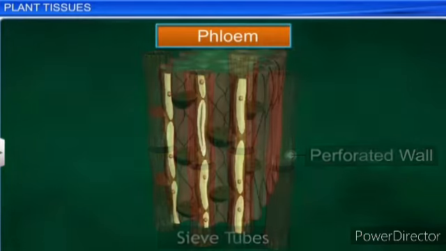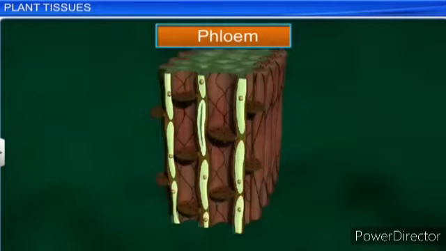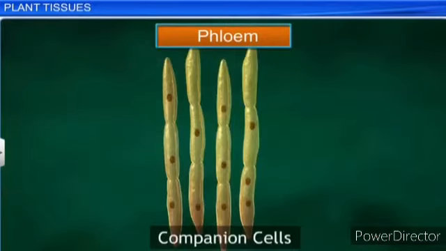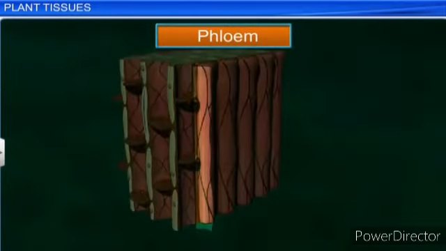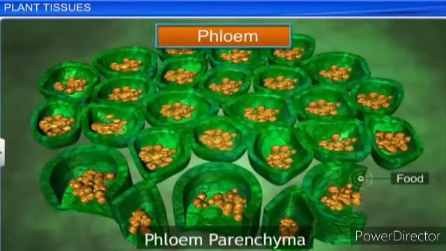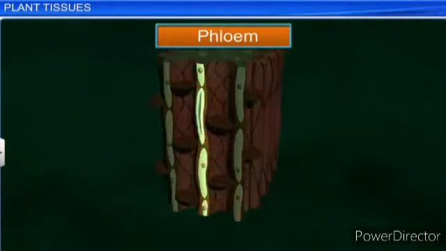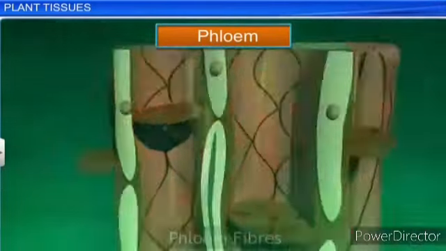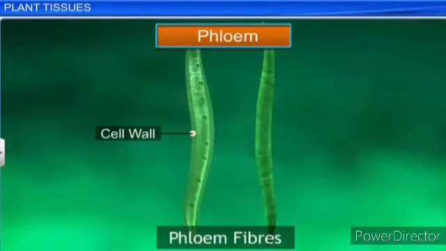Companion cells are small, elongated, and help in conduction of food. Phloem parenchyma. These cells store and transport food. Phloem fibers. They are thick-walled elongated duct cells which provide mechanical support.